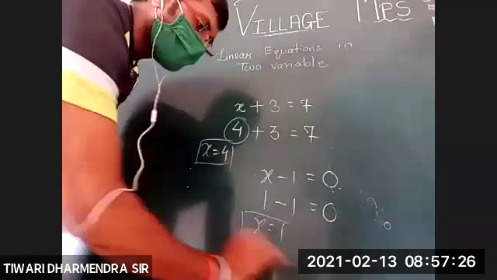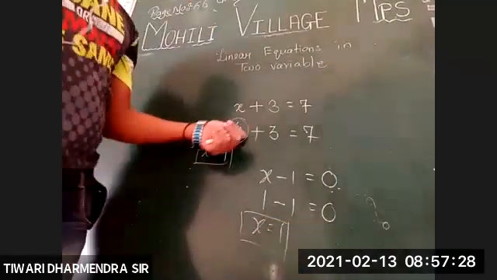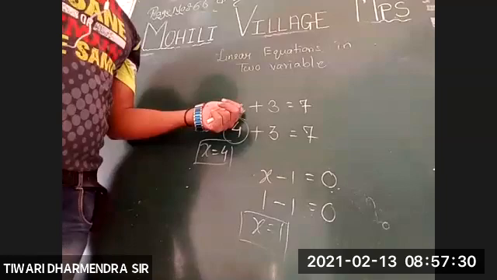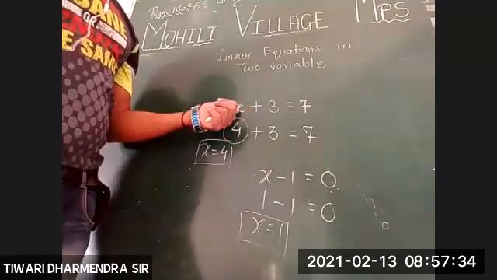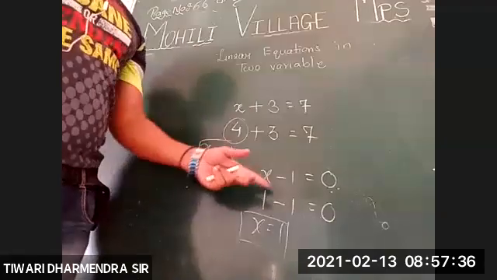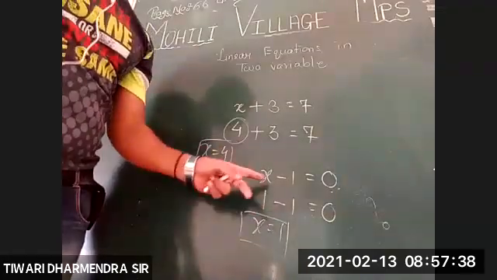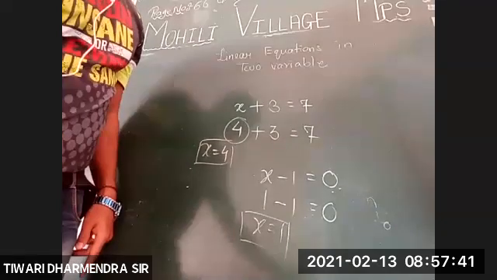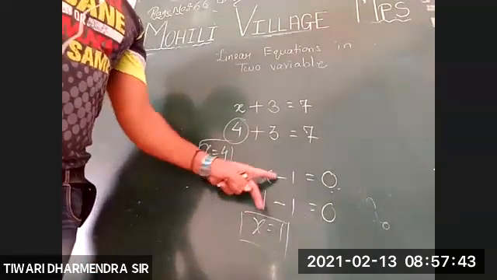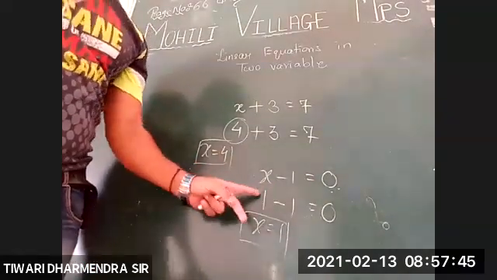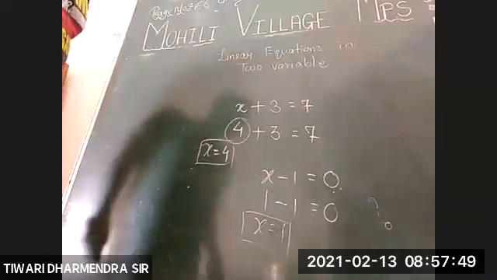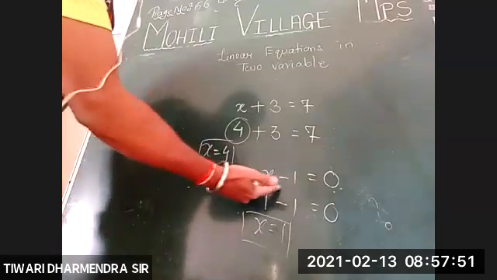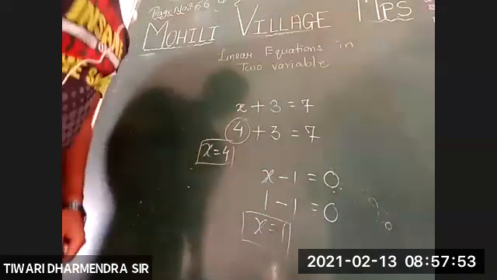Now you can see that earlier, according to the condition, when it was an equation of the type x plus 3 equal to 7, we had to select a value of x as 4. When the equation, or you can say the condition, changes, as x minus 1 equal to 0, here we need to select x as 1, so that it satisfies the condition, and 1 minus 1 gives me 0.